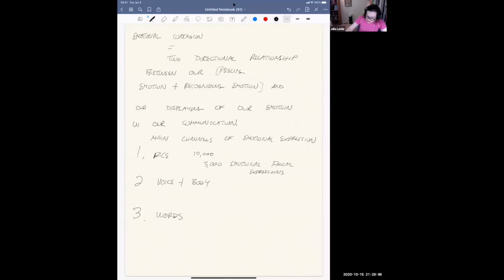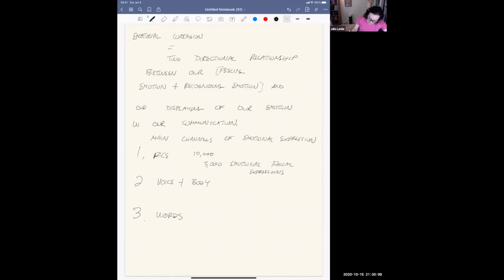Okay, so we're capable of recognizing about 3,000 different emotional faces and distinguishing them between one another. So there are 3,000 combinations of emotional combinations that we're capable of recognizing in other people.